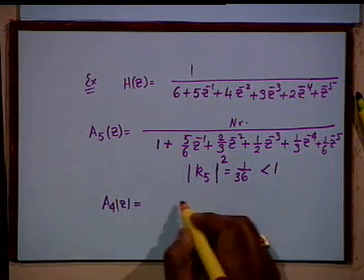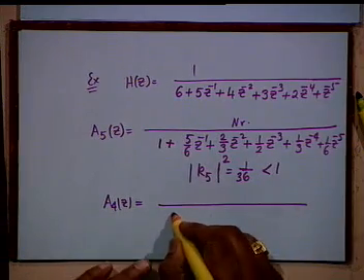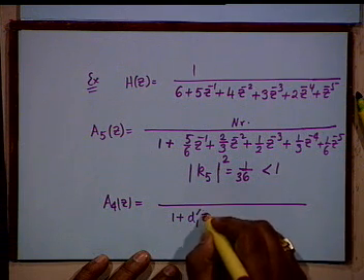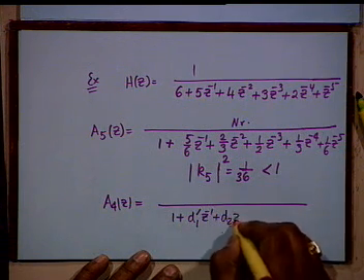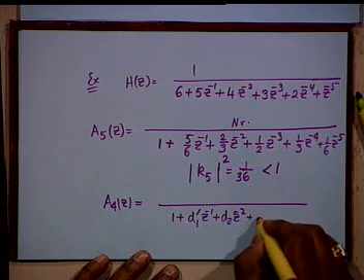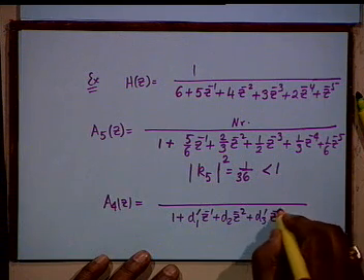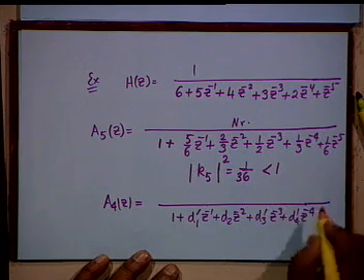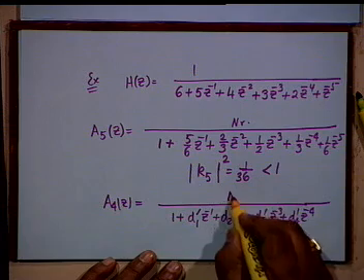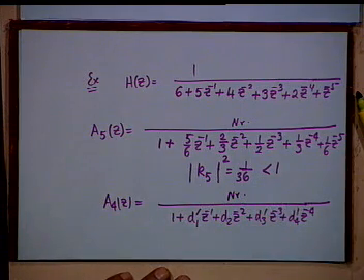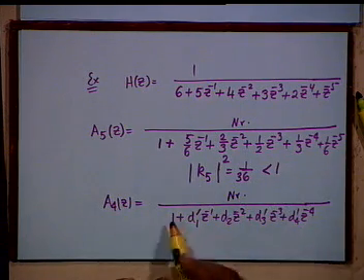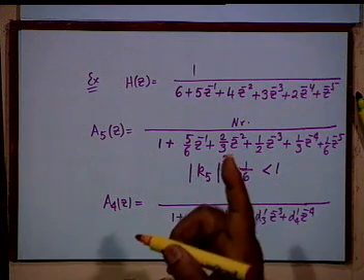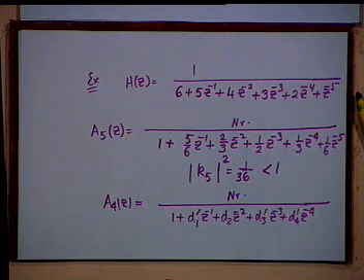Then to find A4Z, let A4Z denominator be 1 plus d1 prime z to the minus 1 plus d2 prime z to the minus 2 plus d3 prime z to the minus 3 plus d4 prime z to the minus 4. Okay, and the numerator you can construct. Now here our interest is only d4 prime, but to find d4 prime you have to go through finding all of them.